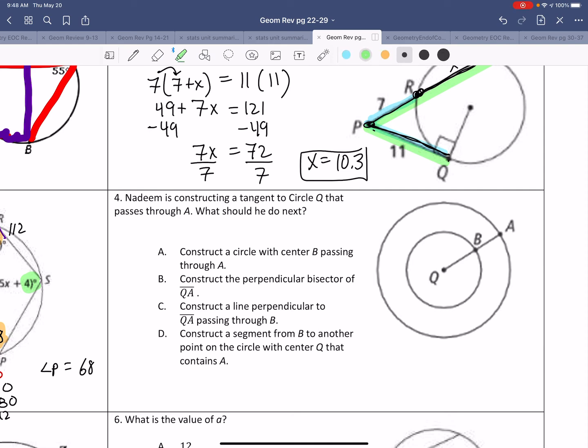All right, I'm giving you one of my big tips. It's almost always the perpendicular bisector, and I'm going to explain why. Not always, but almost always.